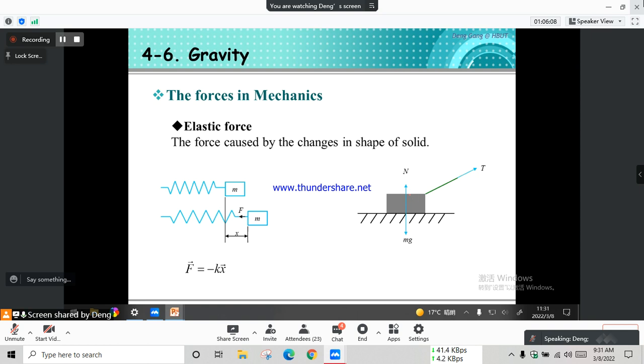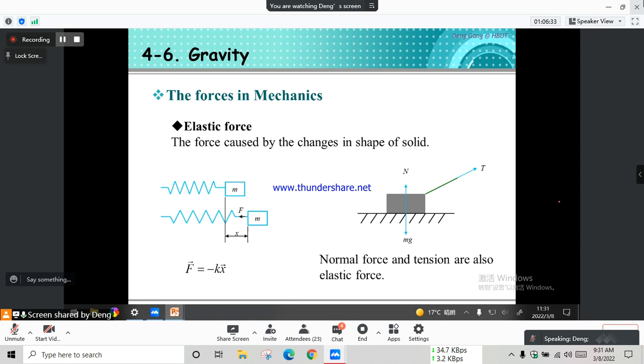And the normal force, the force on this block due to the contact between the block and the surface, is also an elastic force. So normal force and tension are also elastic forces. So there are many kinds of forces.